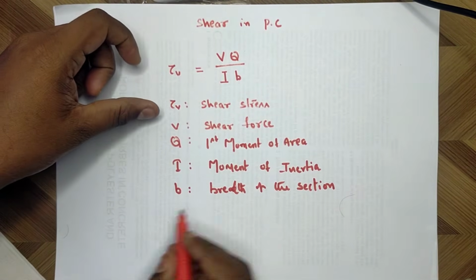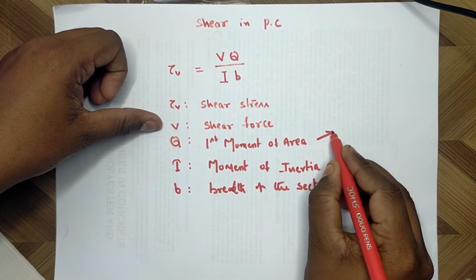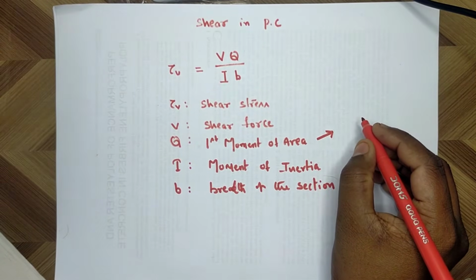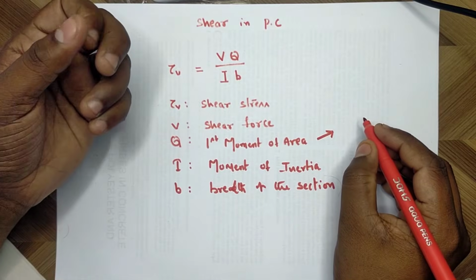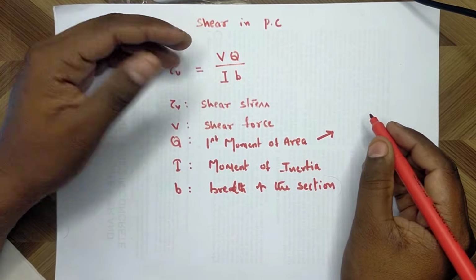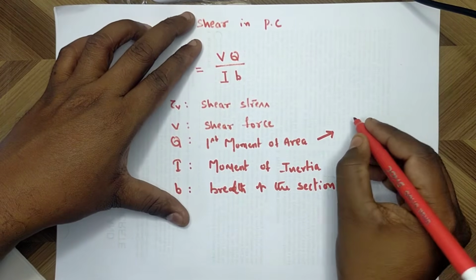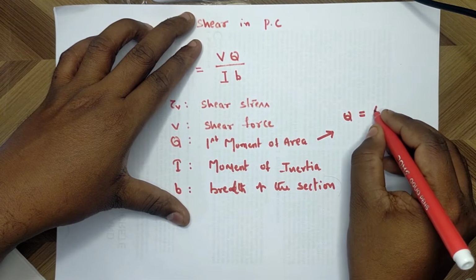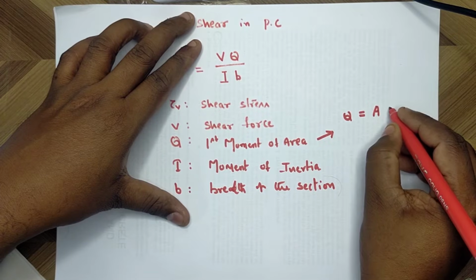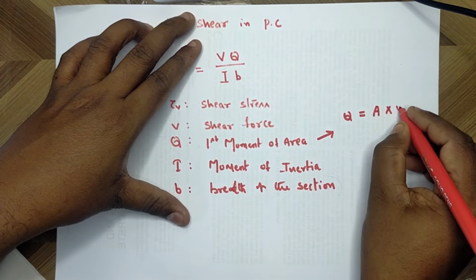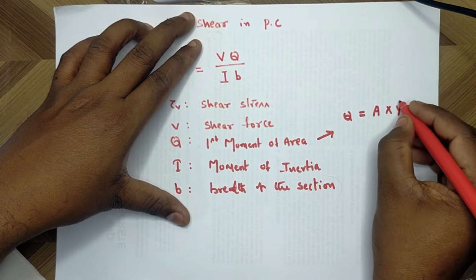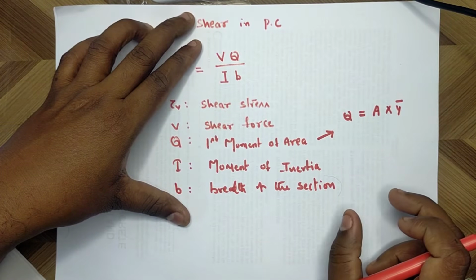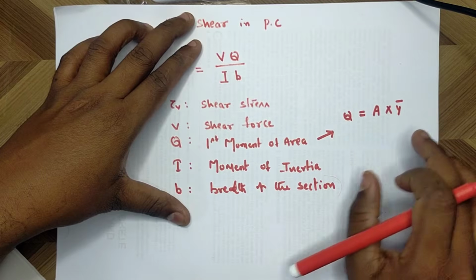In first year of BTech, we studied the first moment of area. Generally, it is a measure of how far an area is located from the axis. Q is equal to the product of area and the perpendicular distance from the centroid of the area to the axis, right?